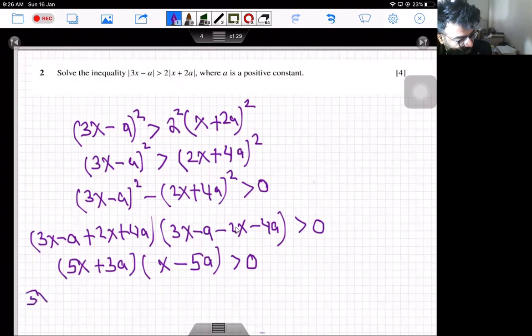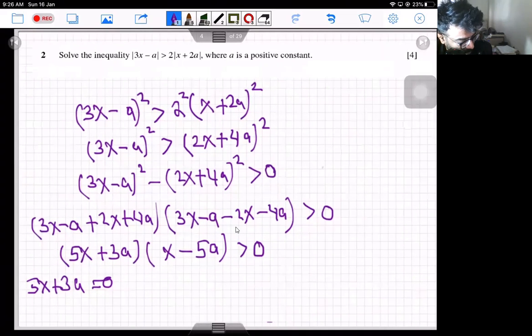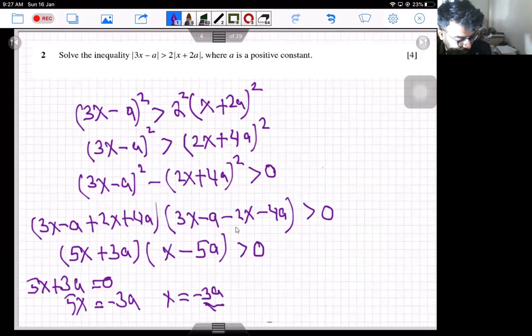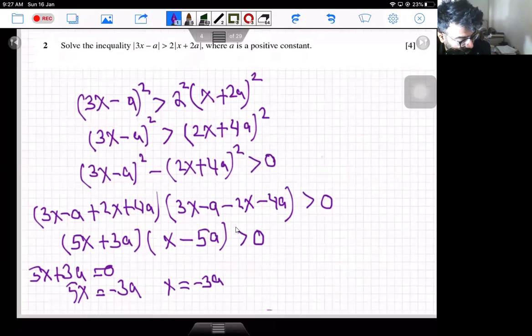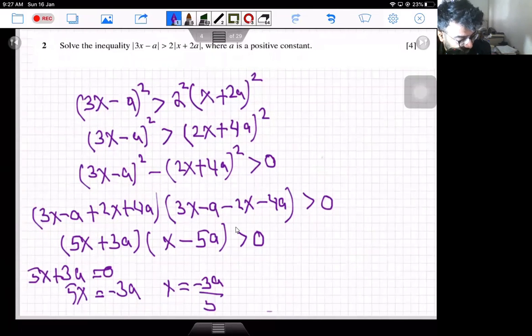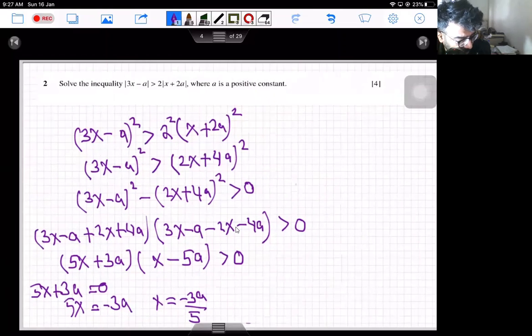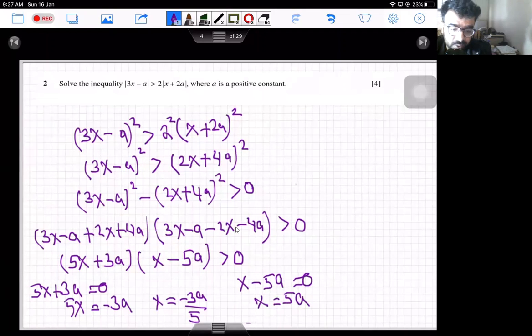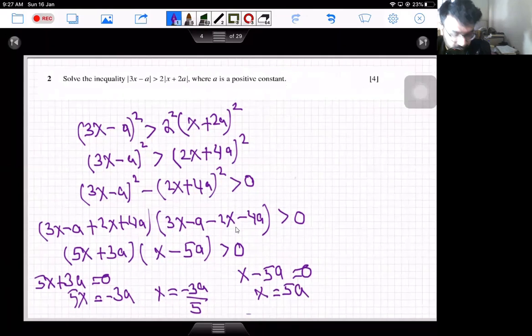When 5x plus 3a is equated to 0, 5x equals minus 3a, therefore x equals minus 3a over 5. And x minus 5a equals 0, therefore x equals 5a. These are the two critical values of x.